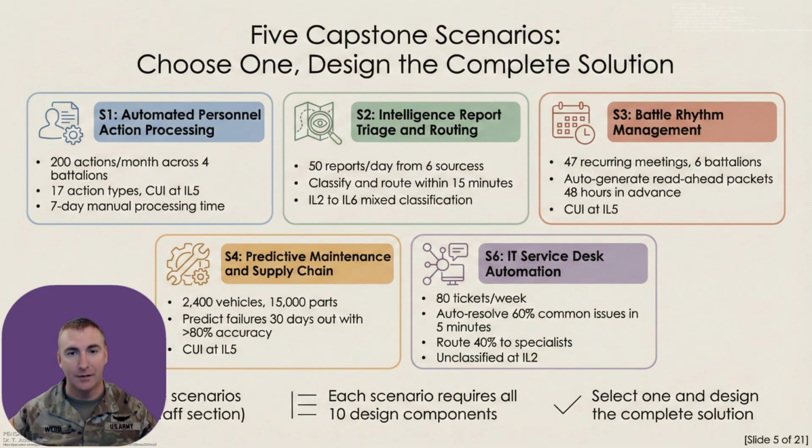Scenario D. S4, predicting vehicle failures 30 days out across 2,400 vehicles. Scenario E. S6, auto-resolving 60% of 80 weekly help desk tickets. Each one is a real staff section problem. Each one requires all 10 design components. Pick the one closest to your job.